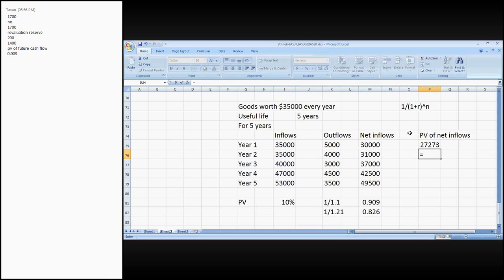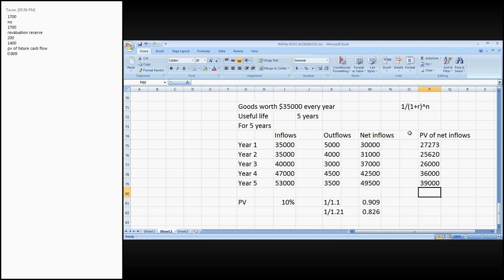What is the present value today? 31,000 into 0.86. So this is how I suppose I get the present value of 37,000 to be 26,000, 42,000 to be 36,000, and 49,500 to be 39,000, I assume. Okay.